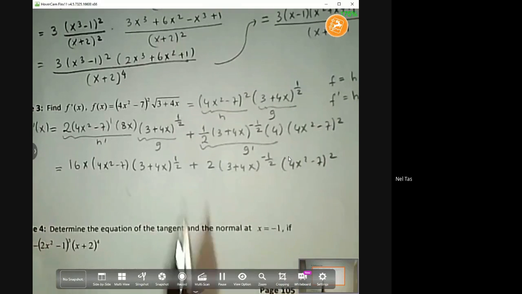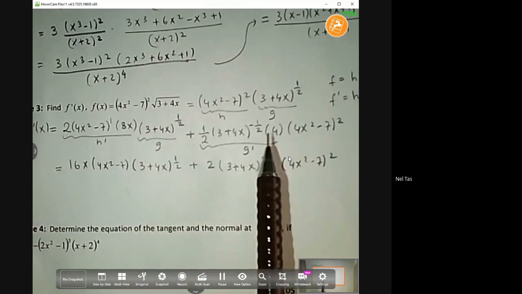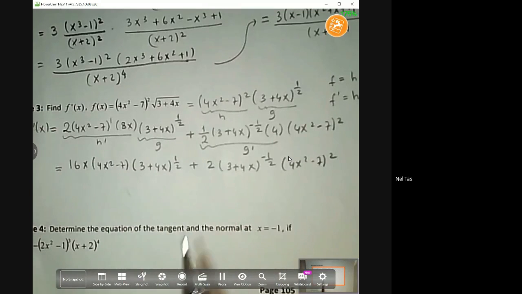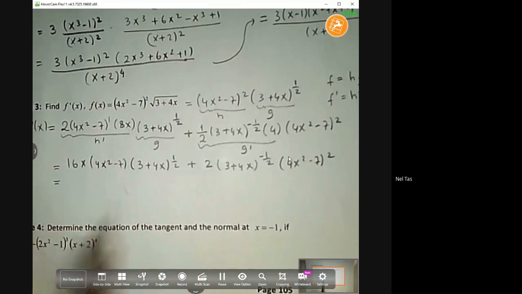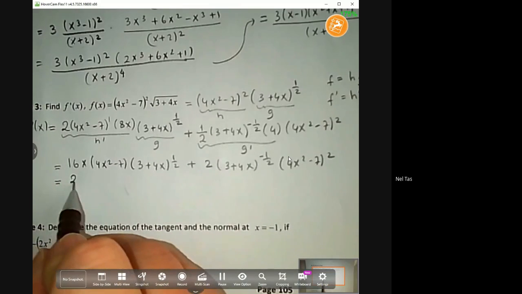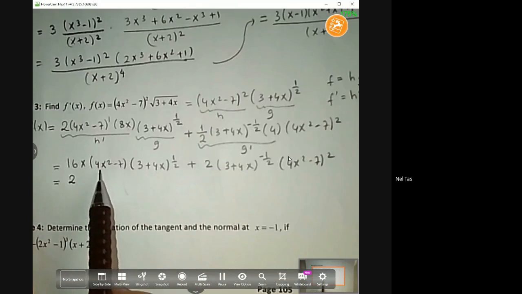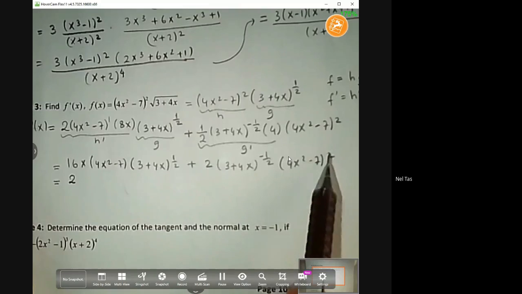So I didn't factor it yet. Again, I just collected the numbers, put them together so that we can see what is the common factor. Okay, so now look at the numbers. So 16x, 2. So 2 is a common factor. 4x squared minus 7. 4x squared minus 7 squared.